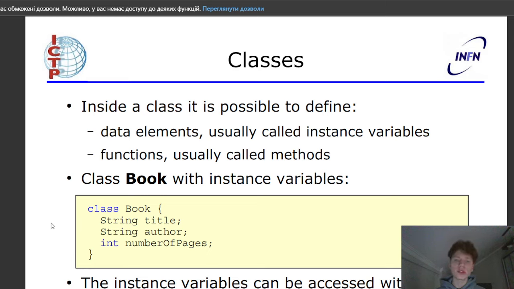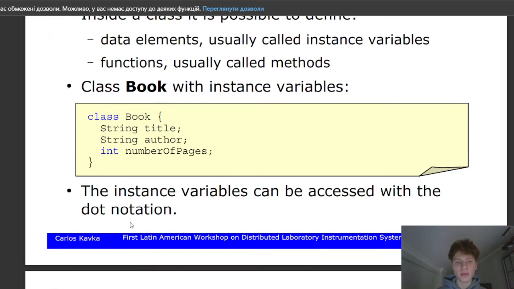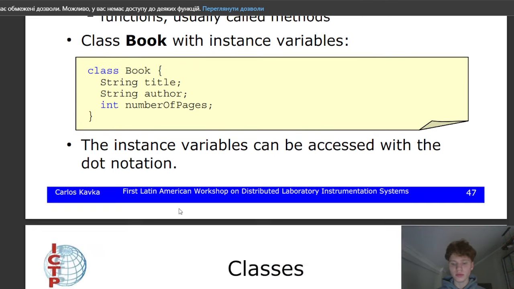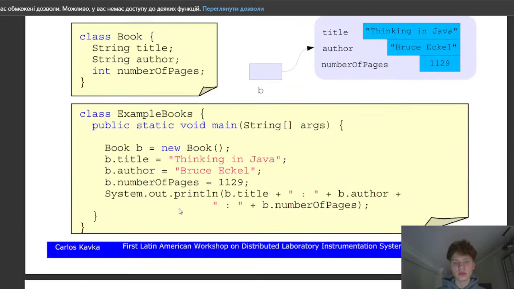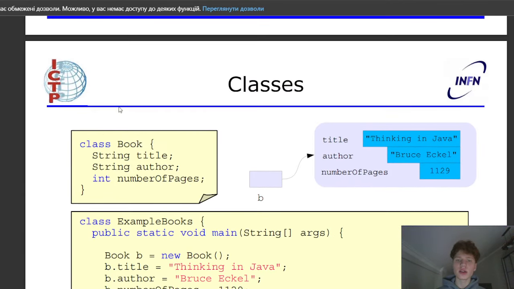Data elements are usually called instance variables. Functions are usually called methods. Class Book with instance variables. The instance variables can be accessed with the dot notation. This is an example for classes.